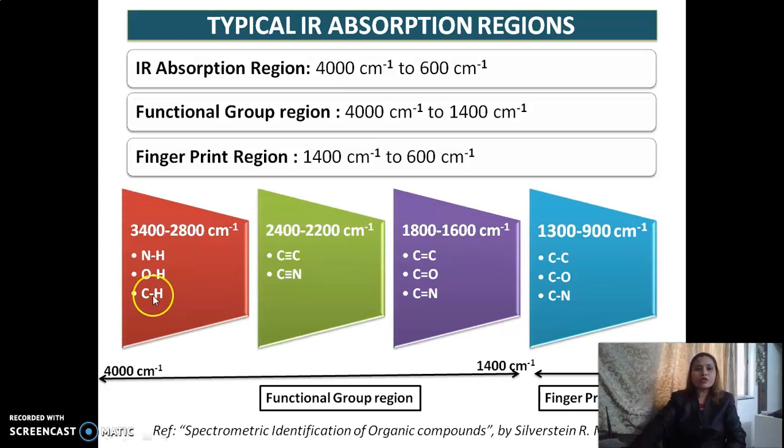Now in the functional group region, various functional groups absorb in different regions. In the 3400 to 2800 region, NH, OH and CH groups absorb, which means alcohol, alkane, alkyne compounds may exist.